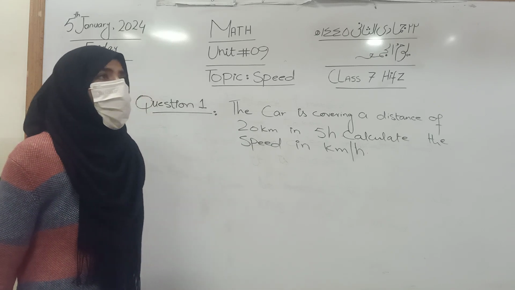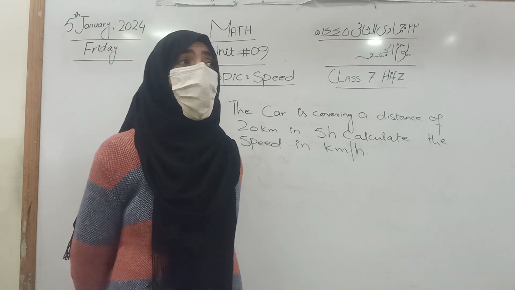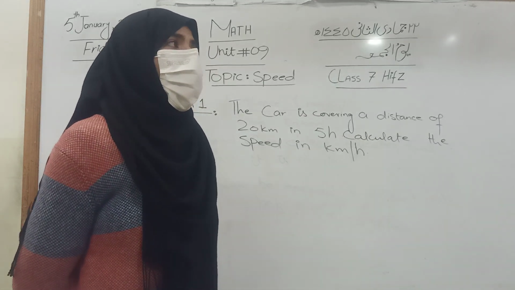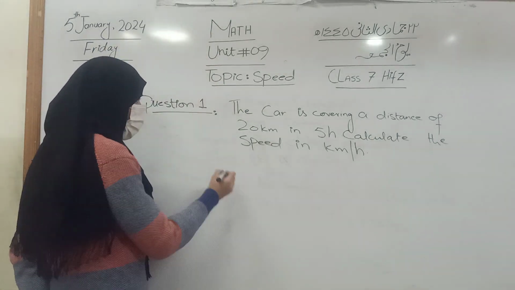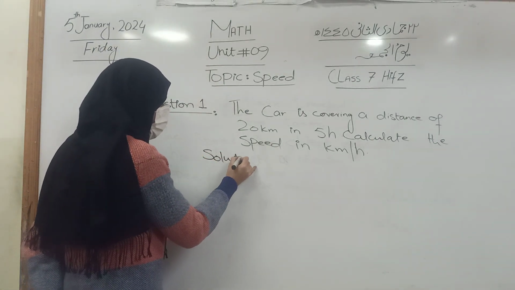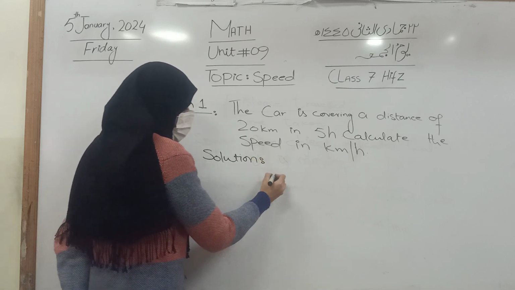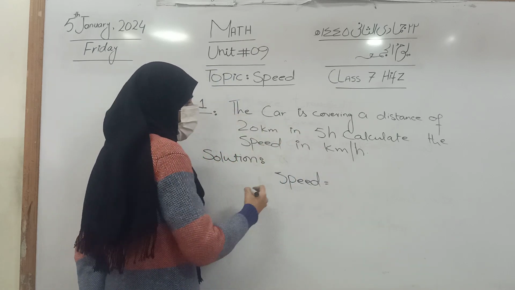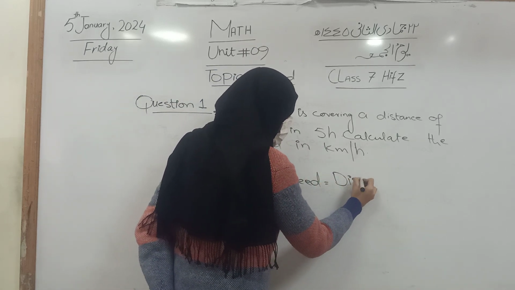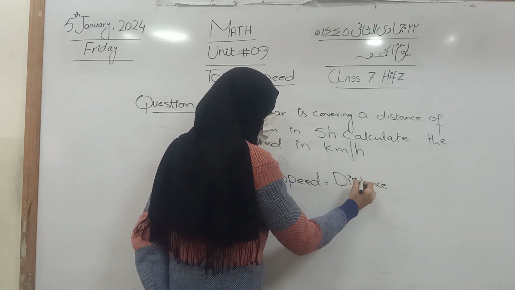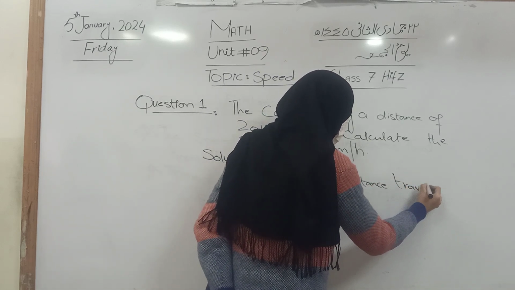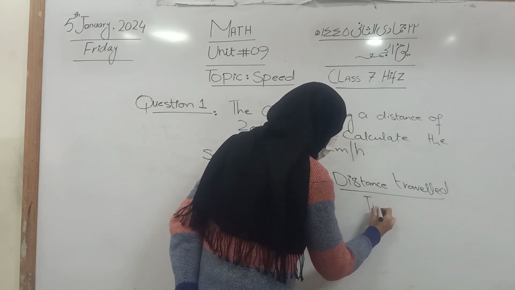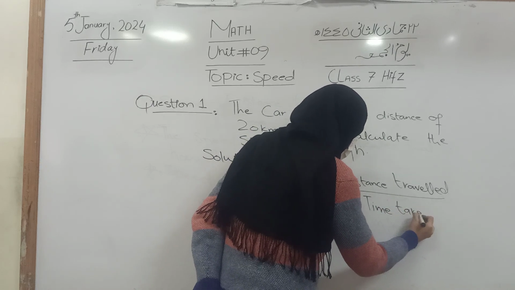Okay. First of all, what will we do? You all know that we have to write the formula for speed. I have told you that speed is equal to, for the solution we will write that. What is speed? Speed is equal to distance traveled by an object, distance traveled, divided by time taken.